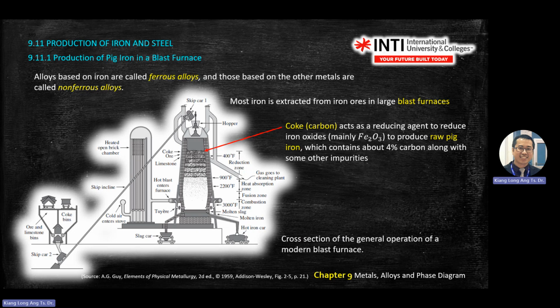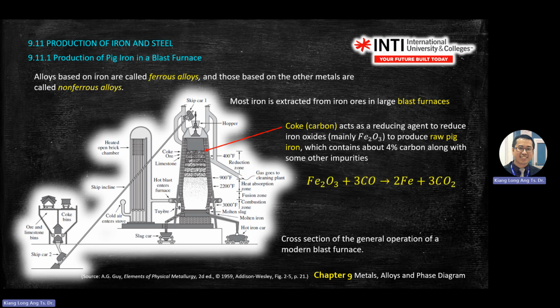Let's see if you manage to arrange one technical visit. If not, then you just watch YouTube. In the industry, the carbon they call coke. In the iron mill, in the iron factory, when they mention coke, it means carbon.